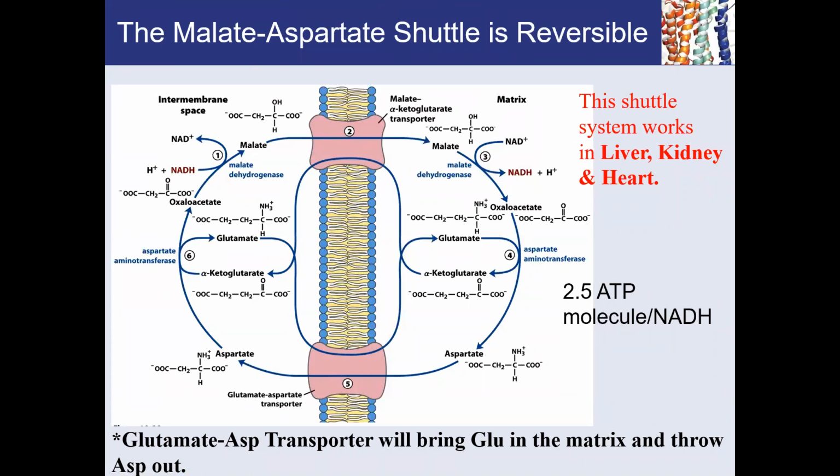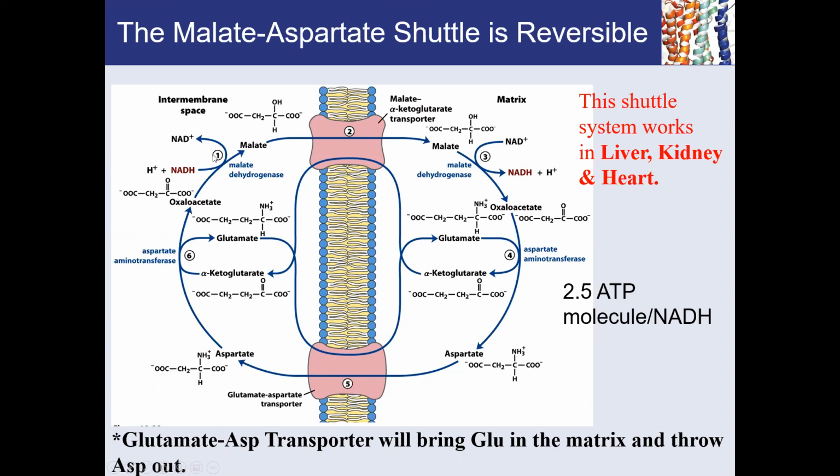It is a busy slide, but I will walk you through it so you can see most of the reactions. You know this already, so it will all make sense to you, I promise. This shuttle system primarily works in the liver, kidney, and the heart muscles. And it does produce 2.5 ATP molecules per NADH.